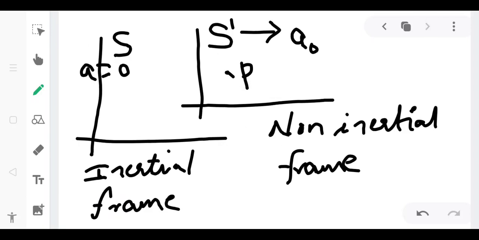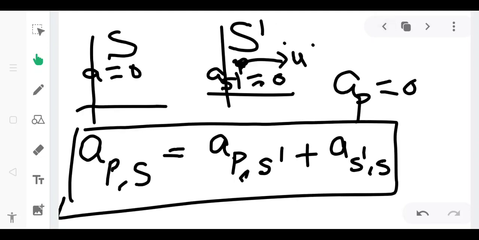So by using this relation, here is a frame of reference S dash, and in this frame of reference particle P is present. I want to write the equation for the acceleration of the particle with respect to the frame of reference S dash.